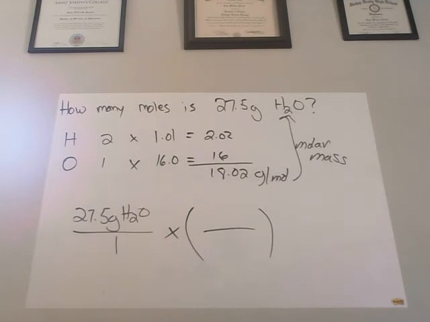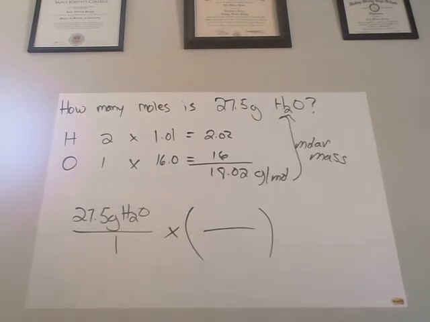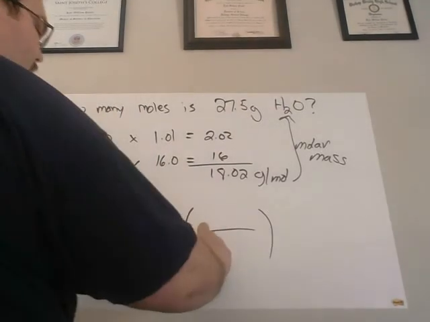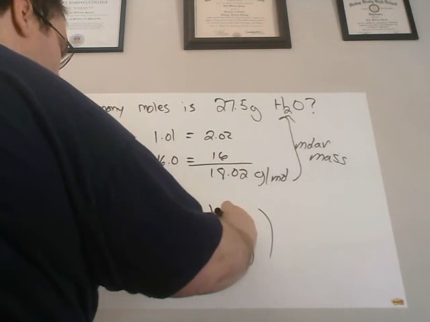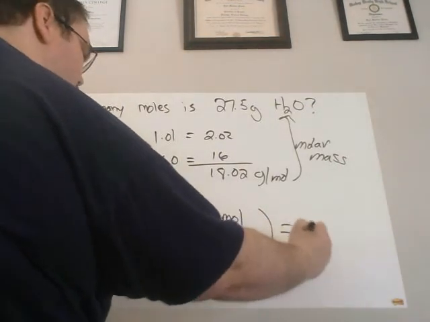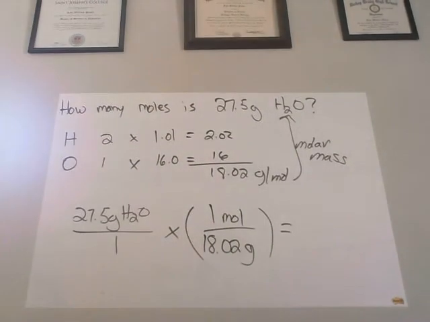Are we going to do 18.02 grams over 1 mole, or 1 mole over 18.02 grams? If we look at the fraction over here, we see grams are on top, which means my grams have to go on the bottom. So we're going to flip the molar mass and multiply it that way.